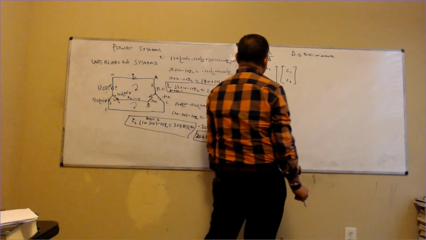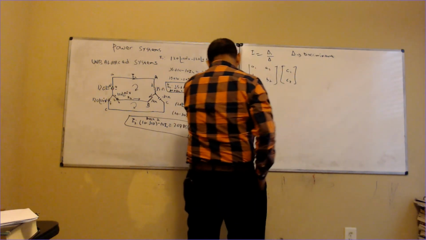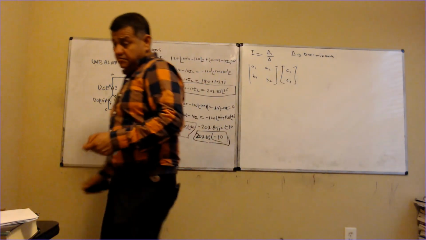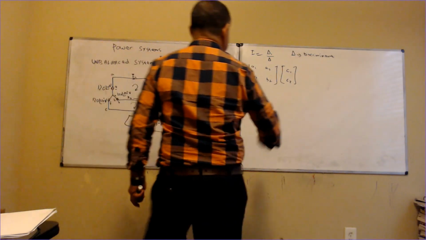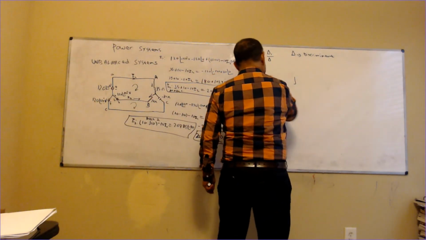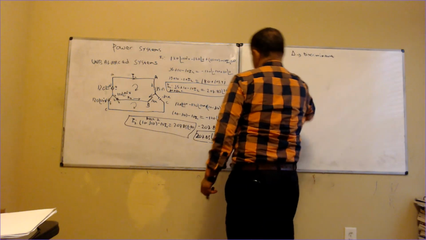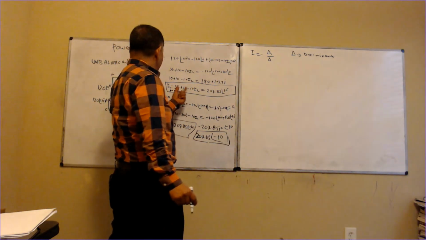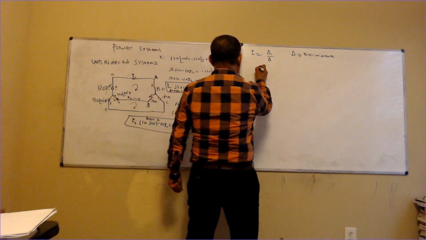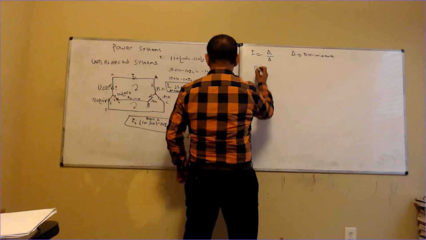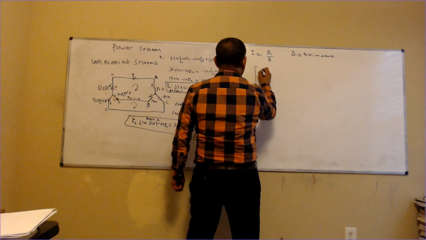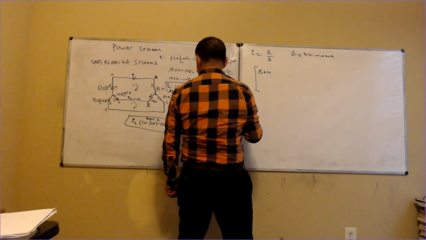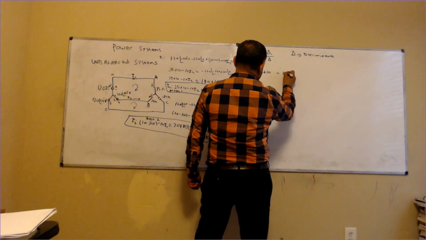So how do we deal with something like this? Let's put this in this equation. So let's do this one, which is going to be J5 plus 10, minus 10.